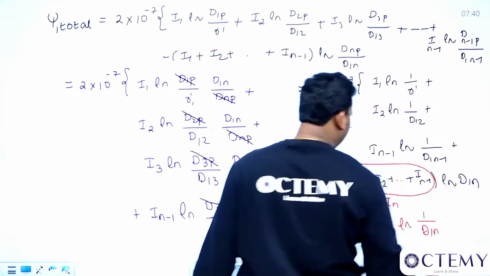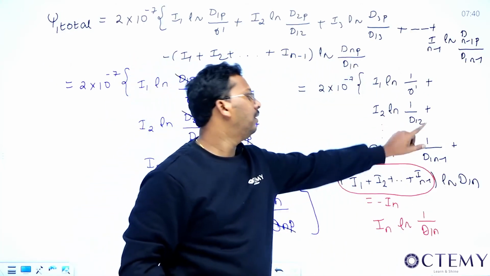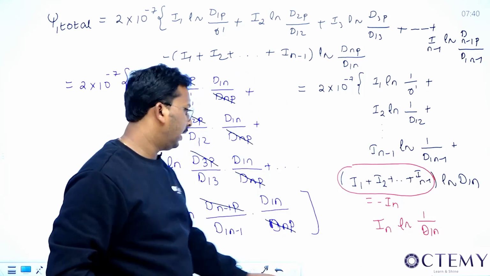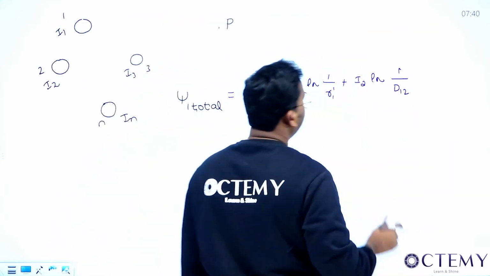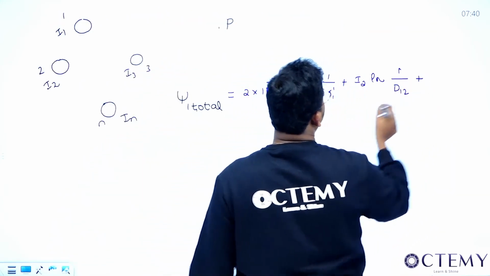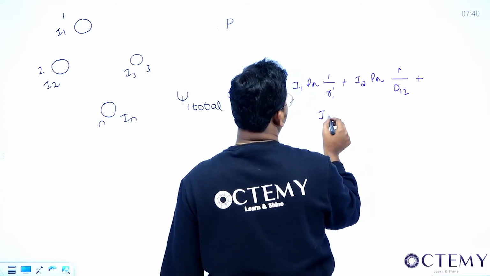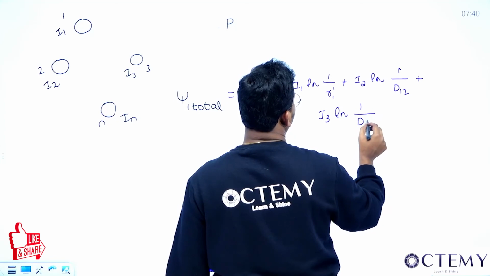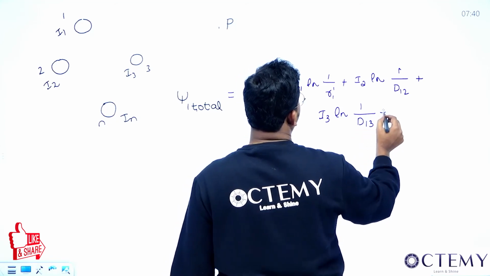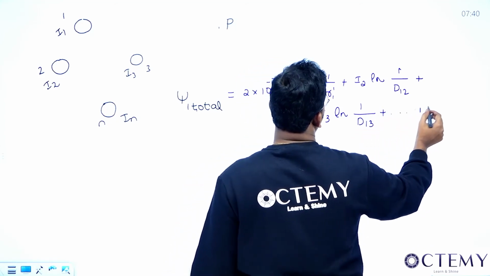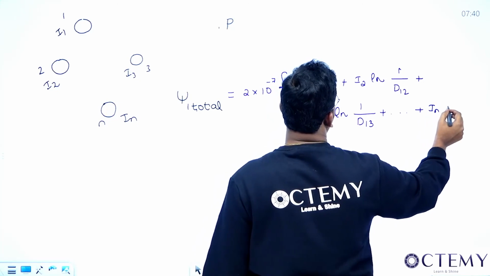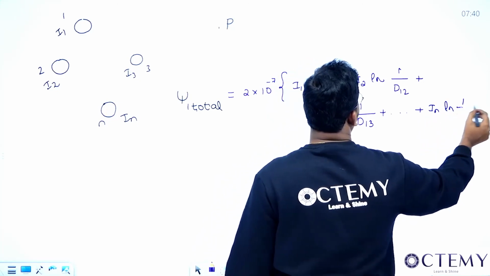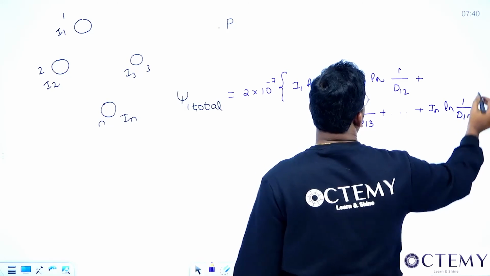Look at the last slide, sir. The second term is what? d12, right? Next. Similarly, plus I3 ln 1 by d13. And then so on. The last term is In into ln 1 by d1n.